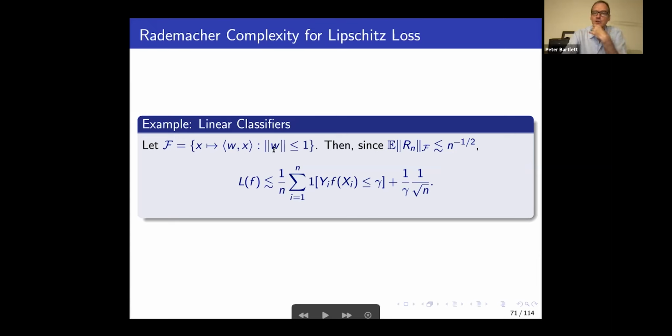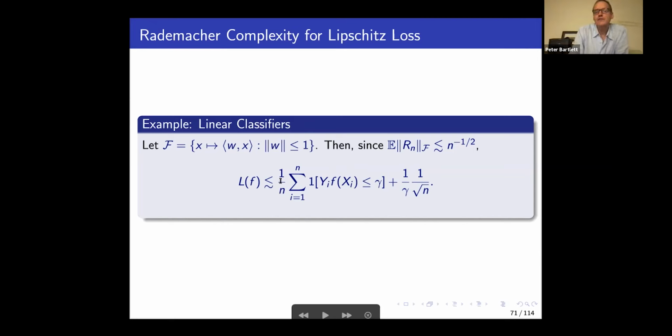It's an easy calculation to show that the Rademacher averages for this class are bounded by a constant over square root of n. Plug that into the result on the previous slide, and the misclassification probability, the risk of a function chosen from this class, is no more than, suppressing constants, the average of the indicators of having a margin less than gamma, plus something like a constant divided by gamma square root of n.